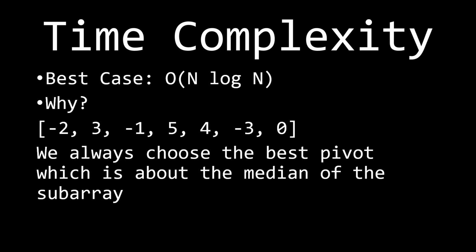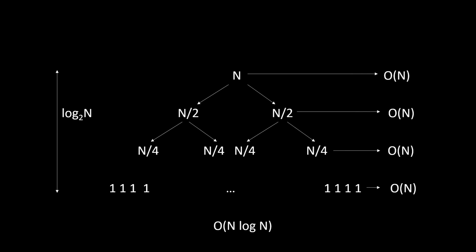And so what you should notice is that in the first iteration, we have n iterations. Then on the second level, because that's the perfect median, we just need to work on the first half and then the second half. We split it down by 2. So on the second layer, we have n divided by 2 plus n divided by 2, giving us O of n.